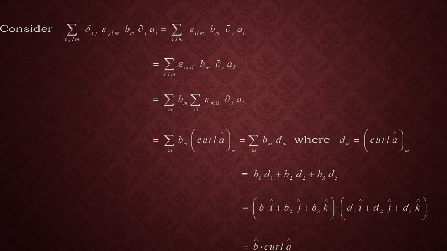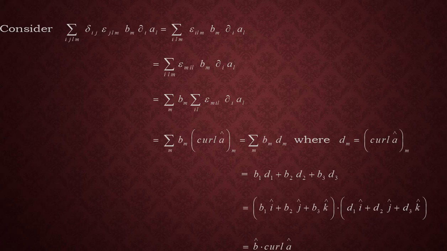mth component. Let us suppose D suffix m equals the mth component of curly A cap. Then we get summation sigma over m, B suffix m, D suffix m. Here the index m takes the values 1, 2 and 3. If we expand this summation, we get B1 D1 plus B2 D2 plus B3 D3.